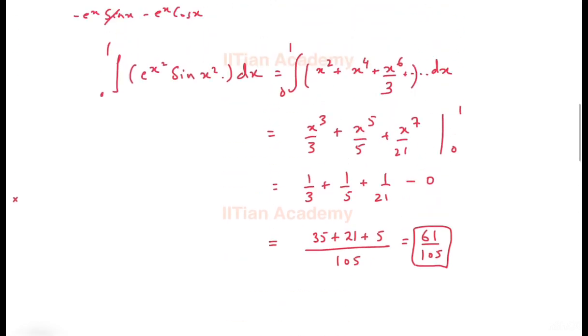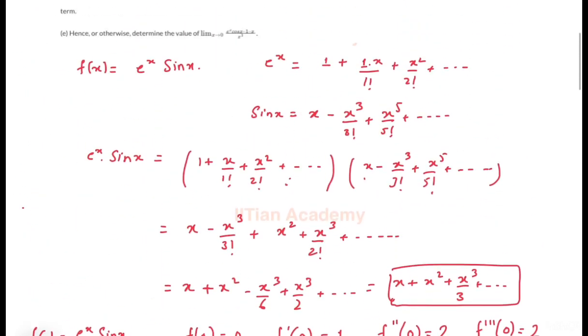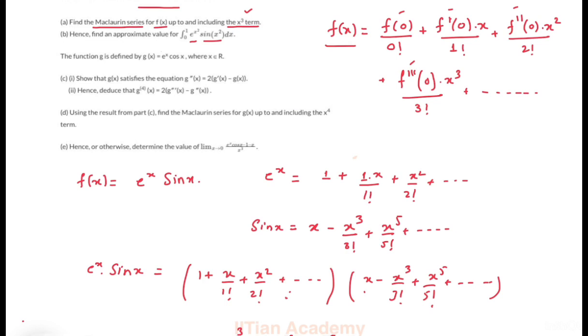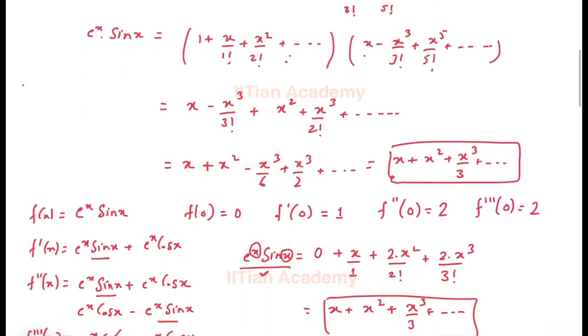So now let us move on to the next part. In the next part, we are given another function, e to the power x into cos x. And we have to show that g of x, a function which is e to the power x into cos x, satisfies a given differential equation.